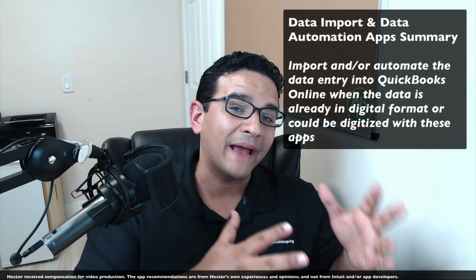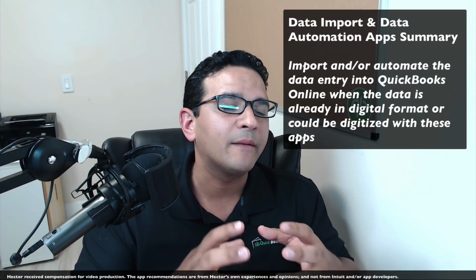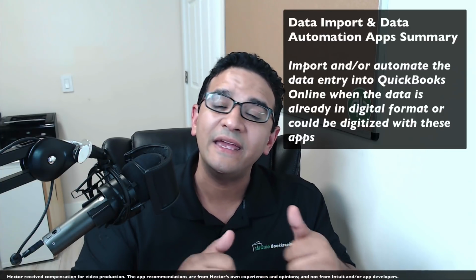In summary, anytime that you know that you have transaction information, either on a spreadsheet, on bank statements, or on vendor receipts or bills, think twice about entering that data manually into QuickBooks. Using these three apps and many other similar apps can significantly improve your workflow, increase the accuracy of the data being entered, and significantly save you in bookkeeping time.